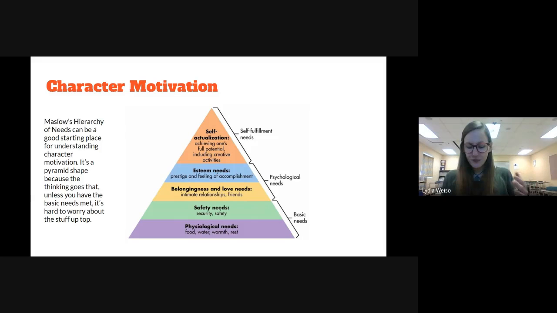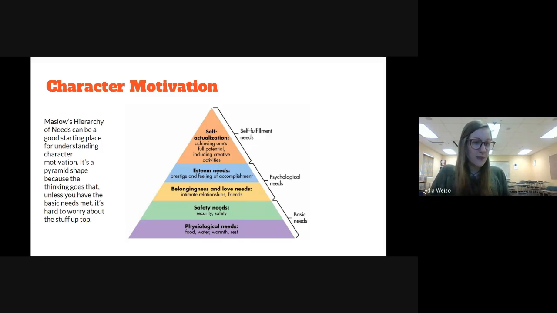So here, Maslow's hierarchy indicates that we as humans, like in stories, character motivation, if your characters don't have these basic needs met, then your character motivation is probably these things. If you're writing a war story, then your character motivation is probably to stay alive. If you're writing a survival story, like if you're reading Hatchet, then his character motivation is to survive.